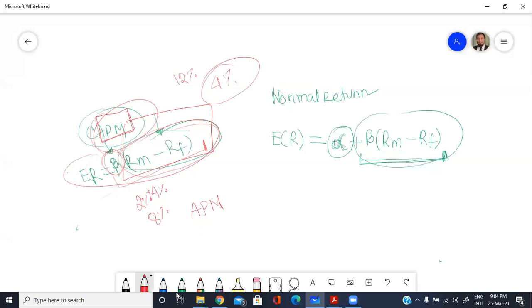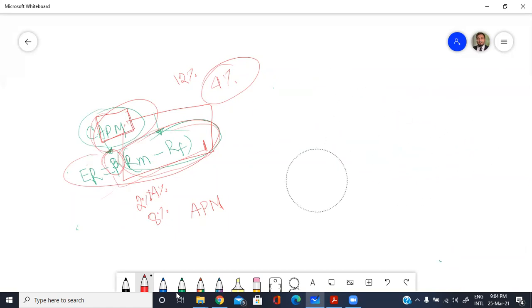Have you got it? Now the thing is that it has been found that the capital asset pricing model beta, or CAPM beta, does not reflect all the risk factors which can be attributable to the stock.